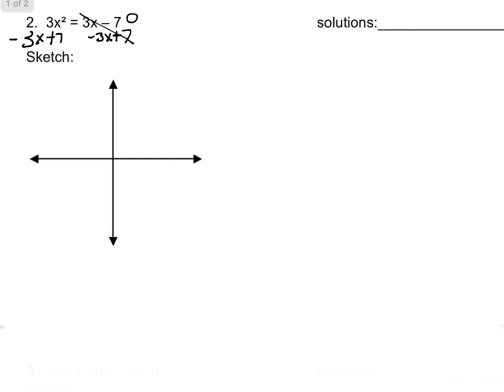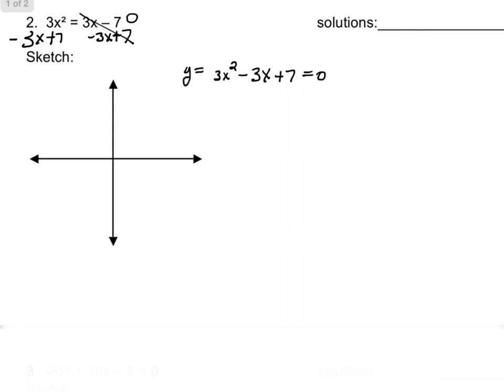So you're going to work with y equals 3x squared minus 3x plus 7, and that's equal to 0. So again, my answers are where the equation is going to cross the x-axis.